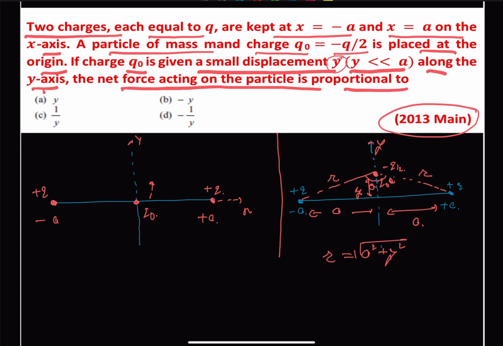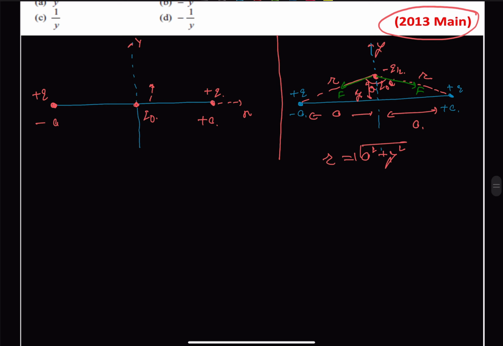So therefore both the charges are opposite, so they are going to attract each other. So let us suppose it is having a force F here, and other side also there will be equal force, that is F.